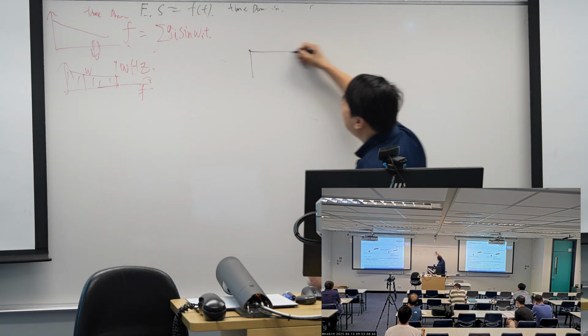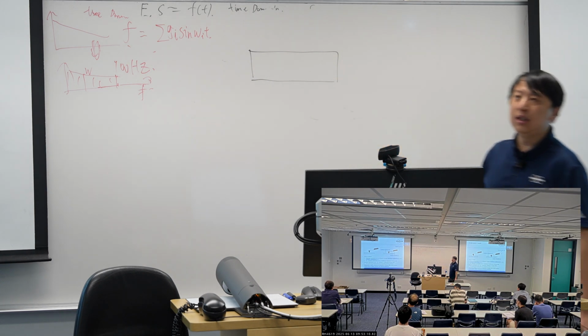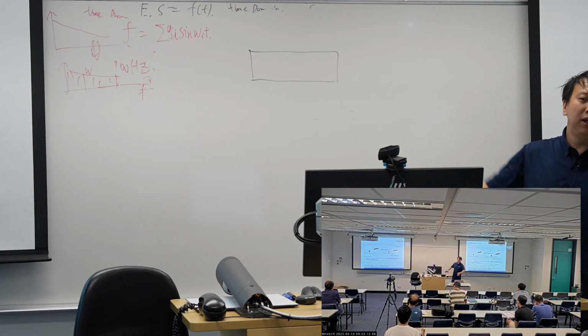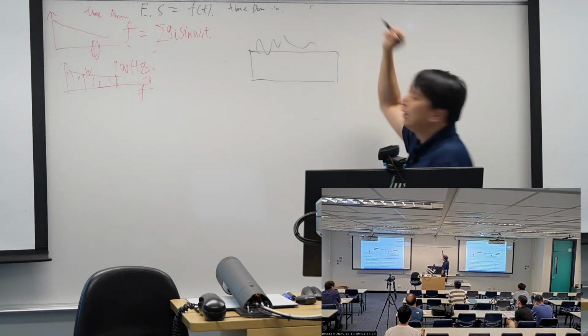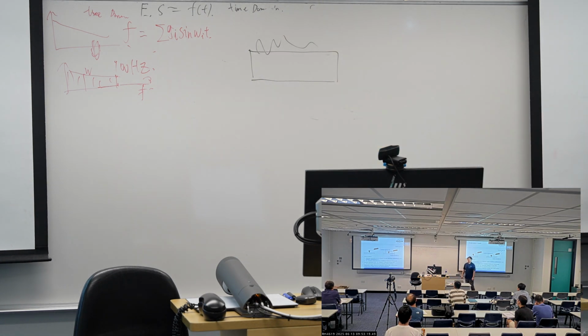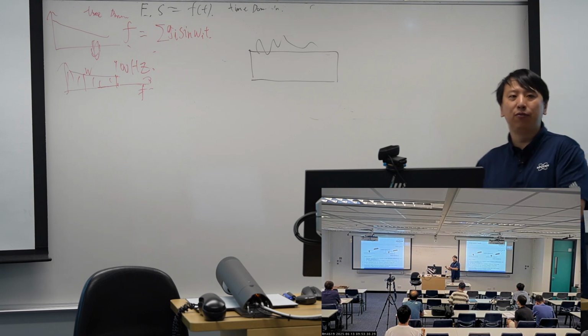We play the same game as the DMA did, but nowadays we cannot make our sample into a fixed shape, so it's random. Since it's random, we don't have a fixed section, we don't have a fixed height, so we cannot get stress and strain. So we will play the same game as the force curves.